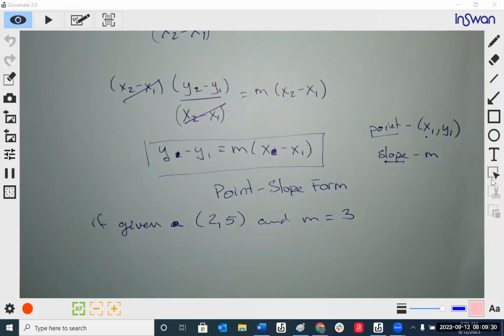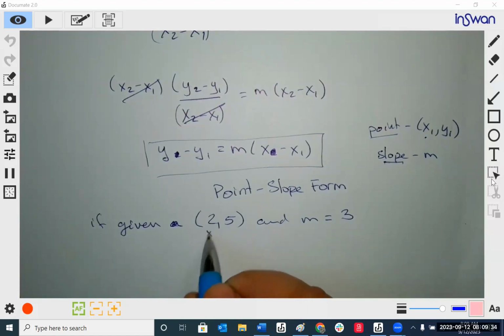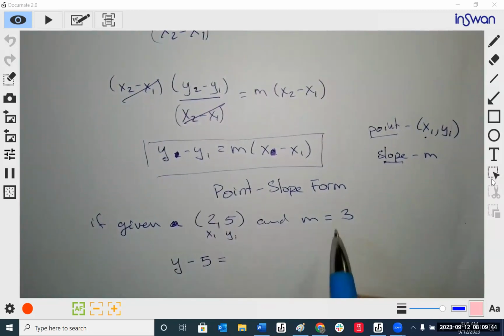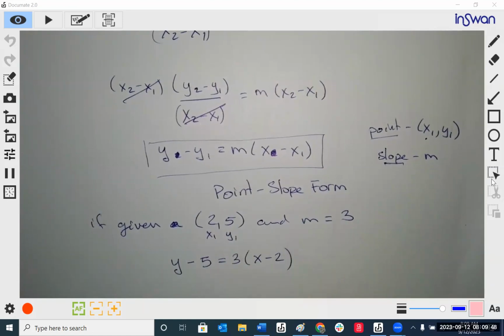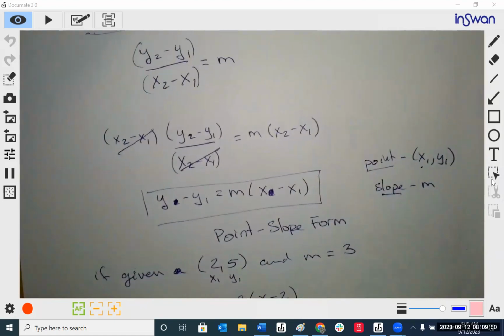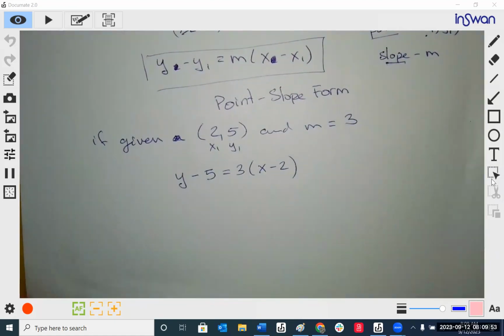What would you do? Yeah. This is x1, this is y1, and that's m. So we would have y1 is 5, m is 3, and x1 is 2. And there you have it. You have an equation in point slope form.